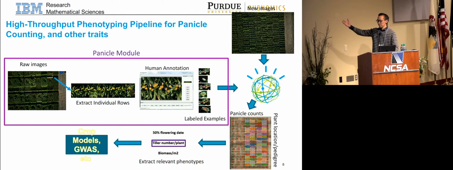And once the model is learned, you can receive a new image, and it can predict and estimate the panicle counts. And as I explained, the output panicle count can be used to further estimate other types of phenotypes, and they can go into further processes like crop models or GYs.